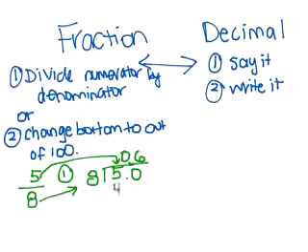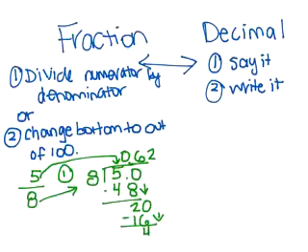So that gives me 48. I subtract, that gives me 2. 8 goes into 20 twice. And 8 goes into 40 5 times. So my decimal would be 0.625.